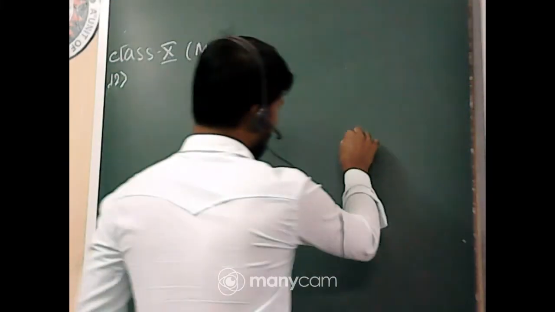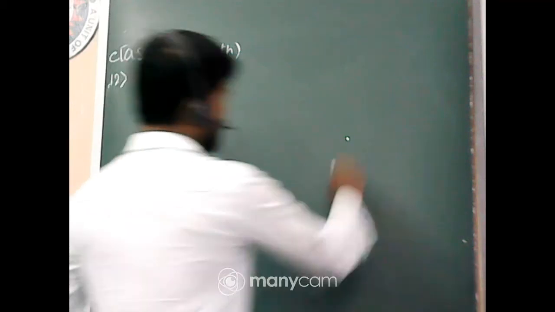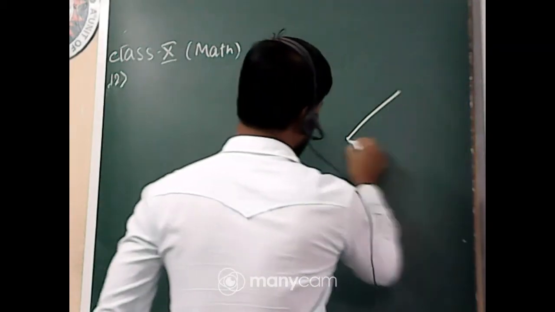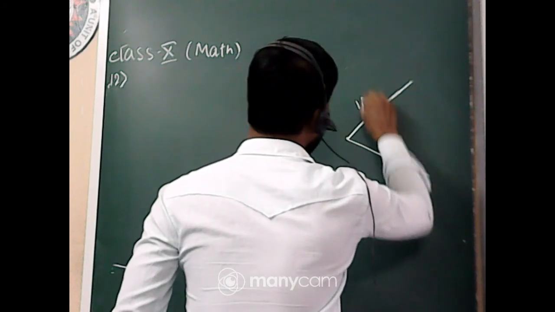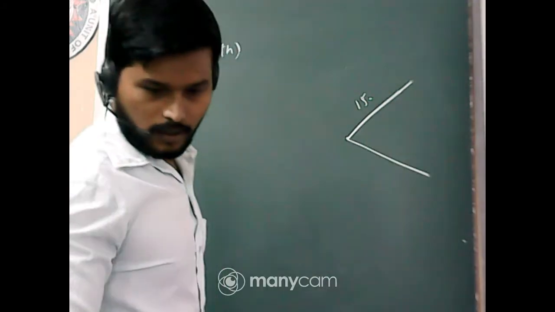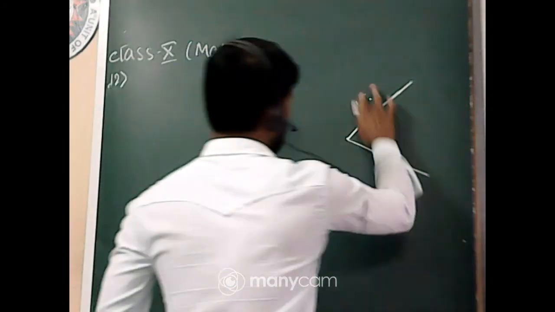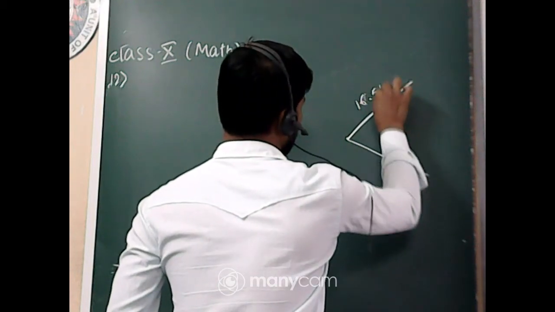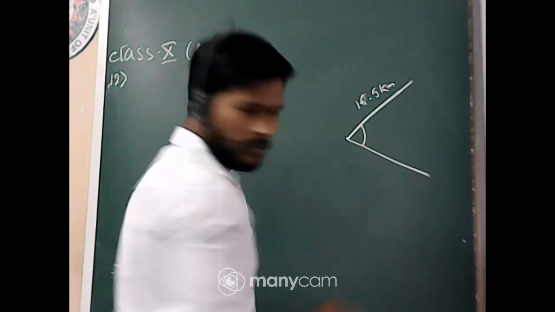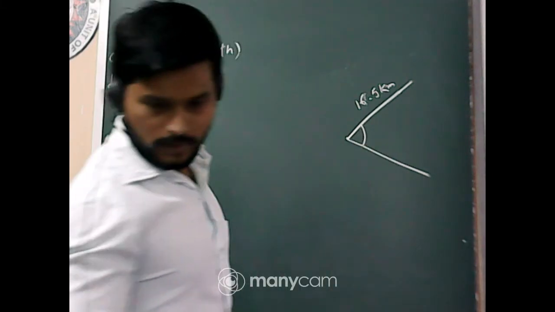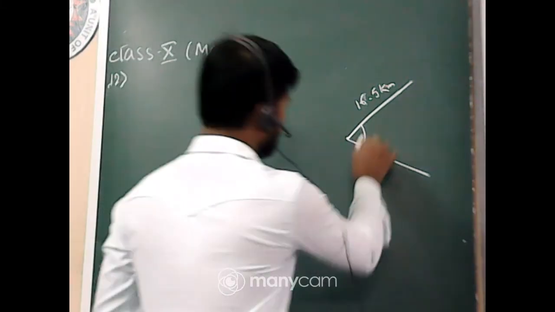So let this position be a lighthouse here, which spreads light up to 16.5 kilometer through an angle of 80 degree.